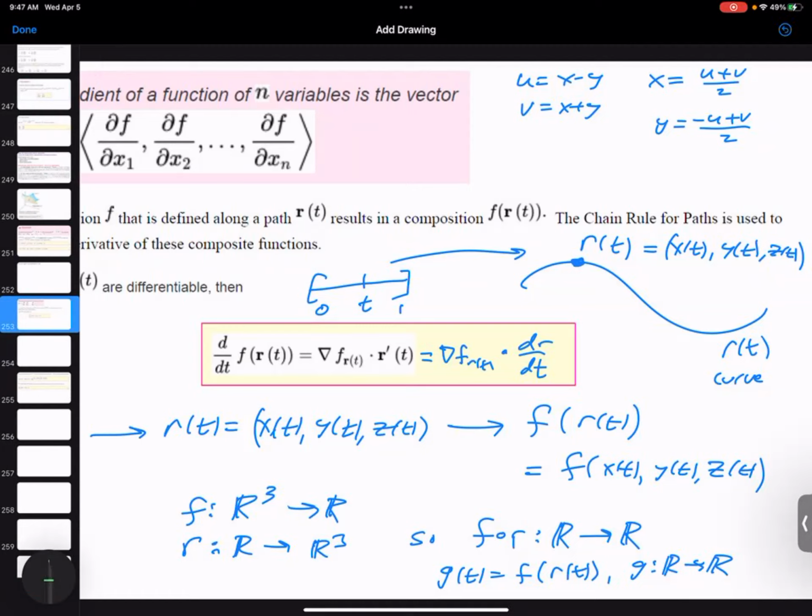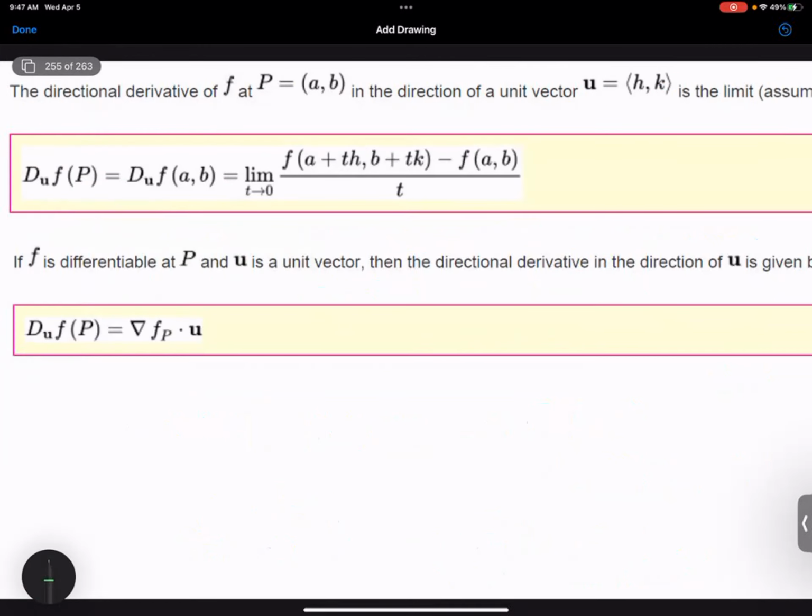And that is the very special case: the directional derivative of f at the point p in the direction u is the following. So the first is we go through with the definition of the derivative. We take our curve r of t, and so on. But then it simplifies. And the reason it simplifies is imagine we're just taking r of t to be our point p plus t times the vector u.